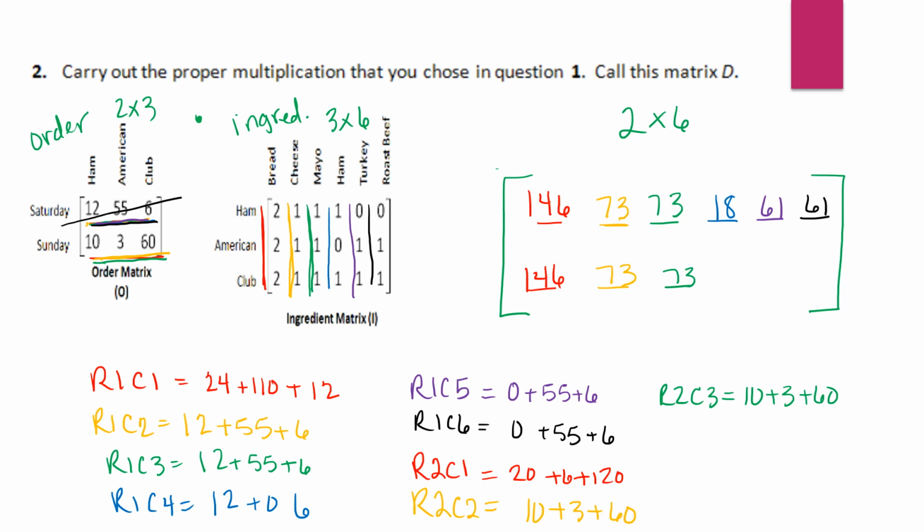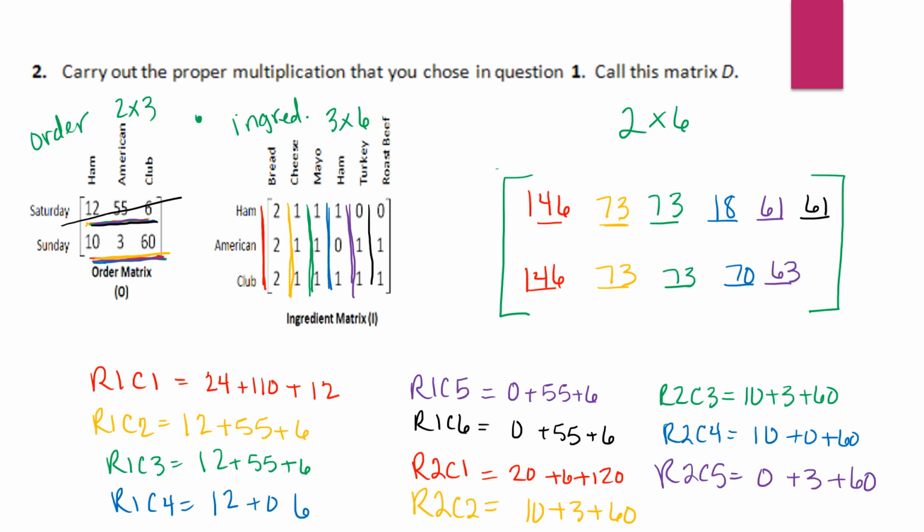We'll then do row 2 by column 4. So 10 plus 0 plus 60 would give us 70. And we will now hit up one of the last ones, row 2, column 5. So 10 times 0 is 0, plus 3 times 1 is 3, and 60 times 1 is 60, so that gives us a sum of 63.